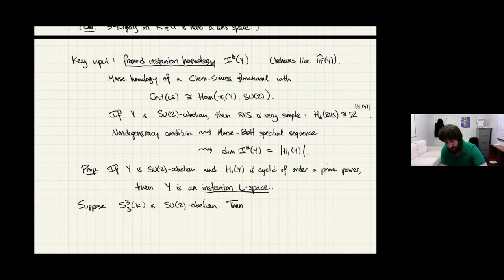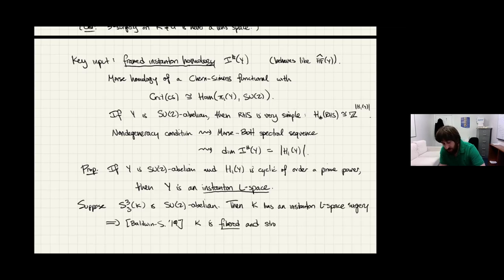So then what that says is K has an instanton L space surgery. And so by work that John and I did 2 years ago, we know that such knots are fibered. Their complements fiber over the circle, and they're strongly quasi-positive. Which is also a nice property to have.